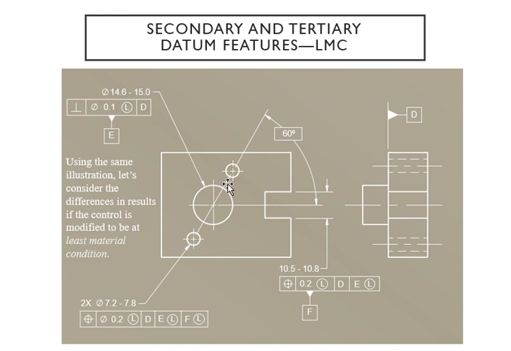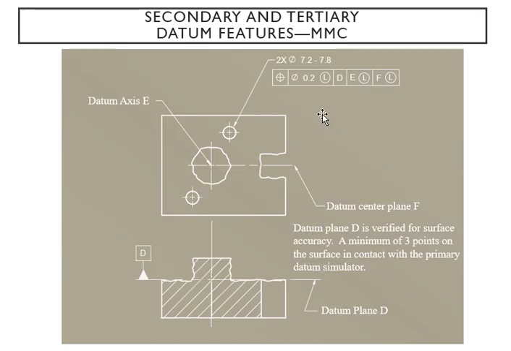Your D on the plane, then your E here, and your F right there. Least material condition: the datum axis doesn't really change. Your datum D is also verified in the same way. And you have 3 points, the same thing, with your primary on the datum simulator.